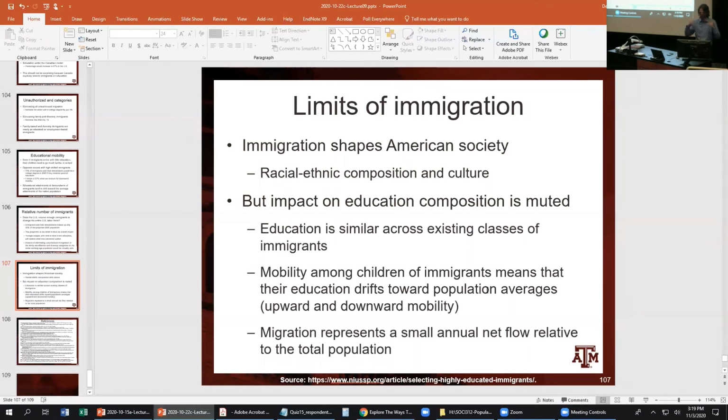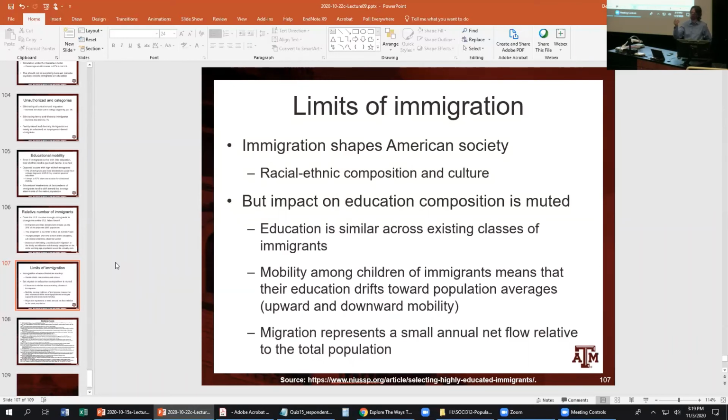So those children will on average have a downward mobility, and those children with parents with low levels of education will tend to improve. But overall, because migration represents a small share of the population, the education attainment of immigrants is not going to change the overall composition of the US labor force in terms of education.